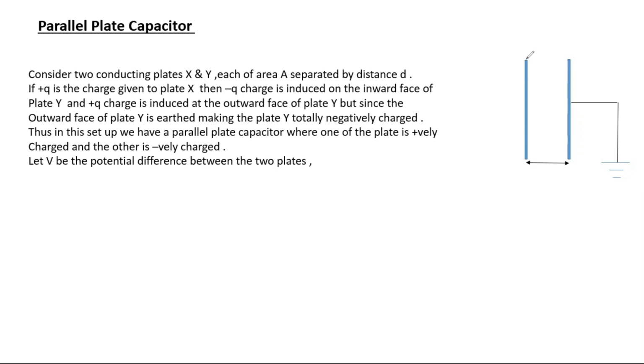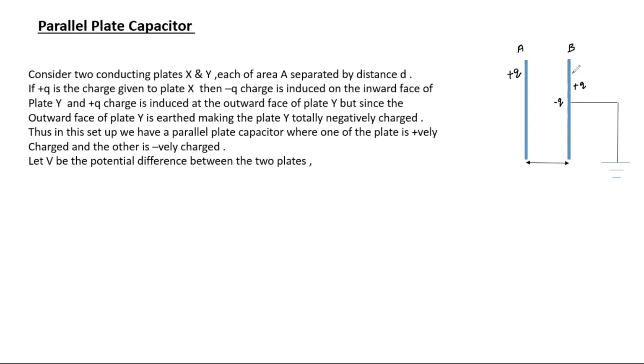Now it can be of any shape and size. Let's say you have metallic plate A and plate B, and you have provided a charge of plus Q to plate A. When plus Q charge has been provided to plate A, a negative charge, minus Q, will be induced on the inner face of plate B, and on the outer face of plate B, a plus Q charge will be induced.